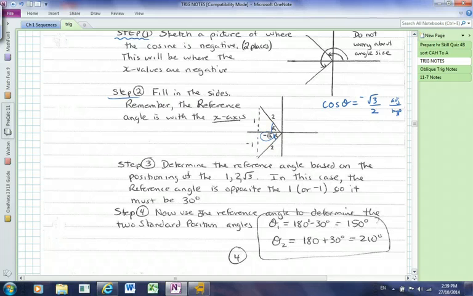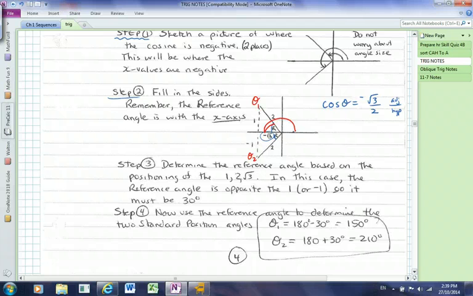So now we're going to figure out what our θ1 and θ2 are, and I'm just going to draw where θ1 is on here. So this is θ1, even though it's in quadrant 2, I'm just going to call it the first theta and the second theta, okay? That's why I call them θ1, θ2. The first angle is 180 degrees minus that 30 degrees, 150.